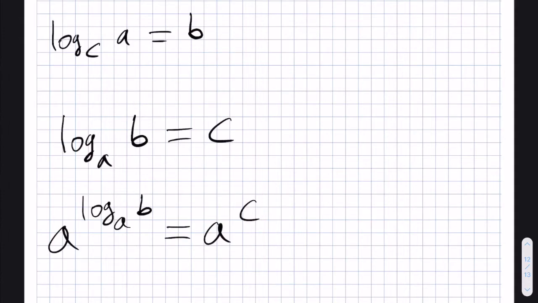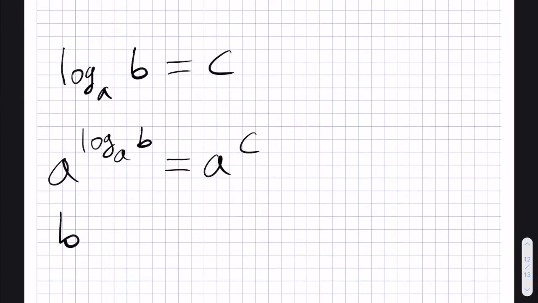But then, because we have the exponential and logarithm with the same base A, these functions will cancel, and so we get B equals A to the power of C as our exponential equation.